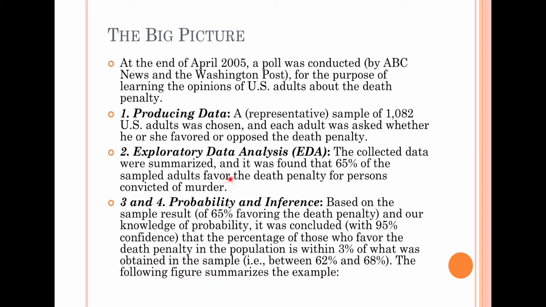So based on what we found here in stage 2, we used probability and some tools of inference to conclude with 95% confidence that somewhere between 62 and 68 of everyone within that stated population was reflected in that sample. So we're using some inference there, and it was based in probability.